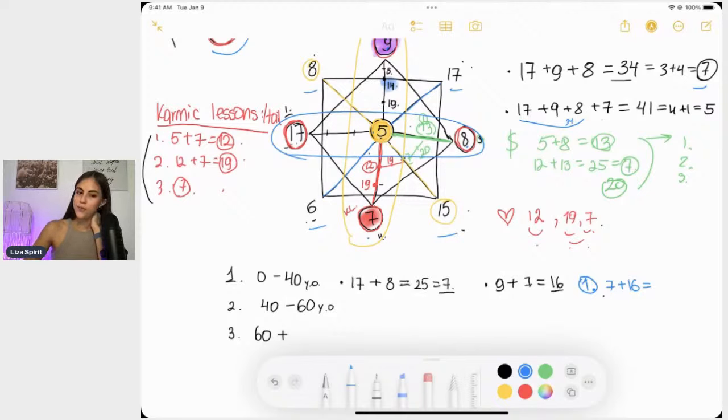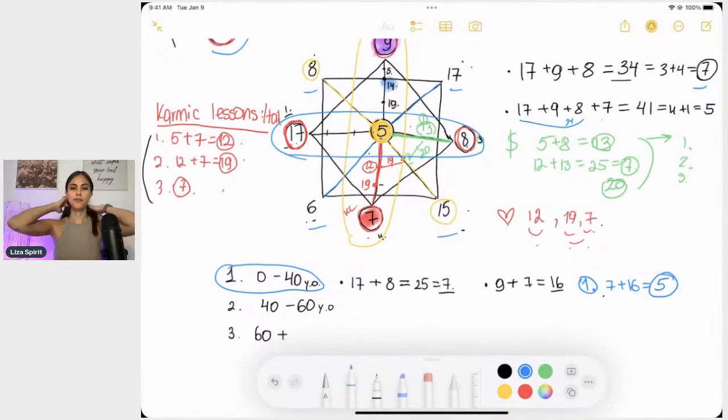It's 23. 2 plus 3 is 5. Here we go. So let me know what number you got so I can help you define what it means. But in my case, I got number 5.